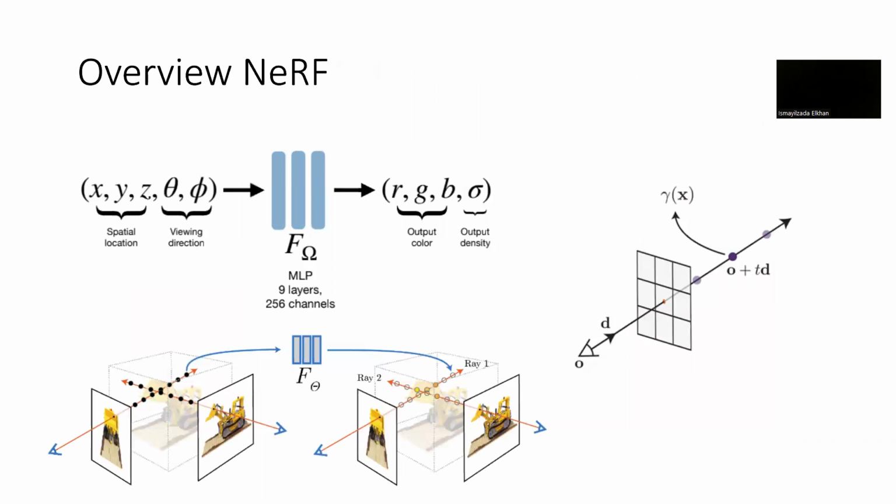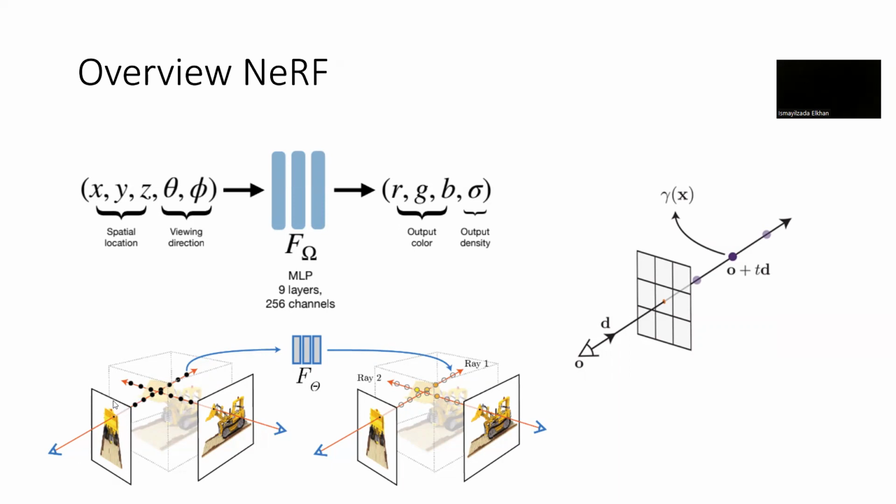Before I get into HandNeRF, a brief overview of NeRF for those who are not familiar with it. Let's say we have a 3D scene, and we model the scene in a 3D coordinate system. What NeRF does is, let's say we want to look at the scene from a particular viewing position.